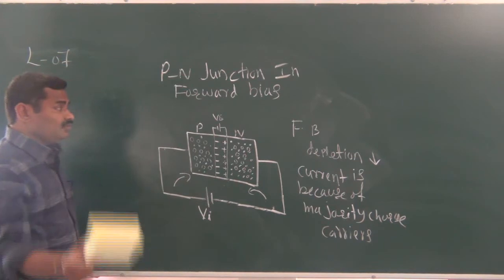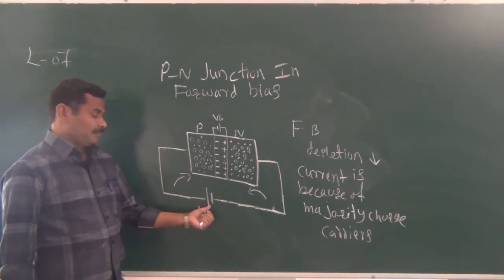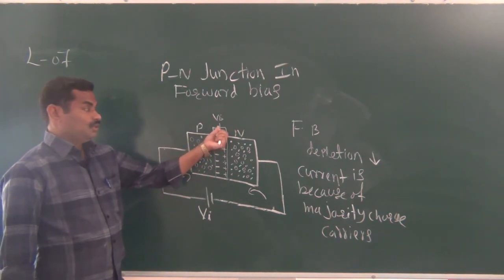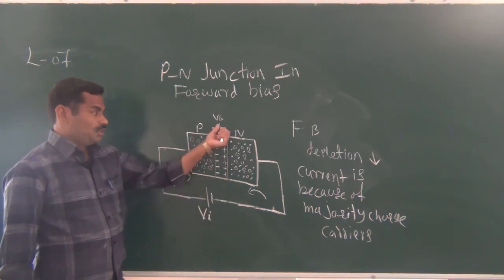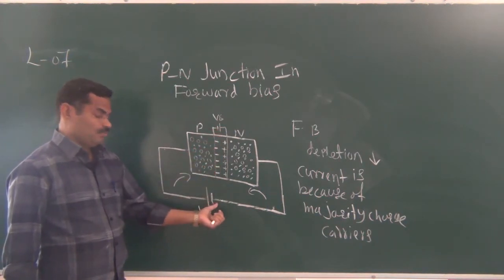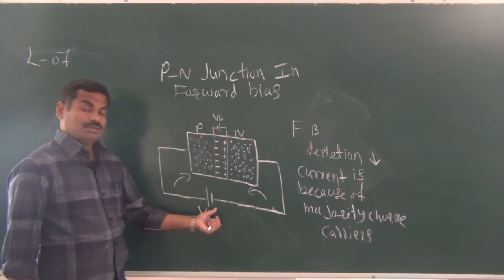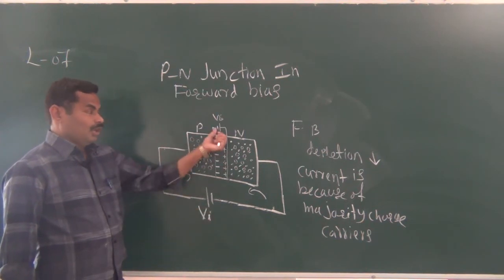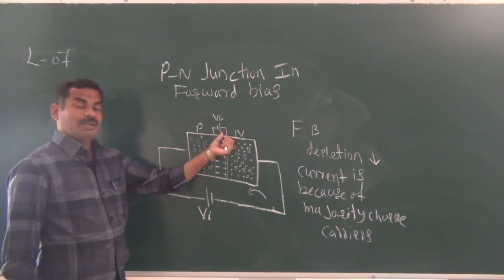Another important thing: what about the barrier potential? What is the effect of the barrier potential? Look here, the barrier potential and the applied voltage are in opposite directions: minus plus, plus minus. It means our applied voltage opposes the barrier potential.